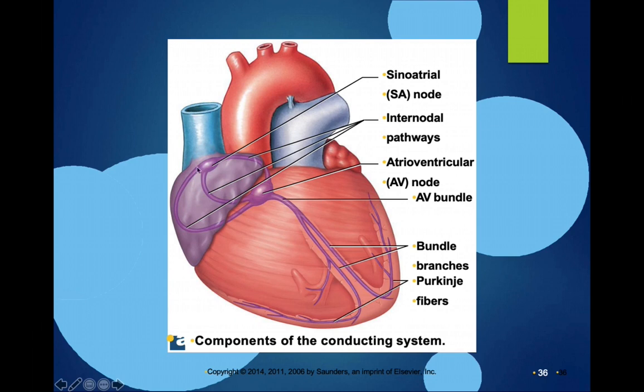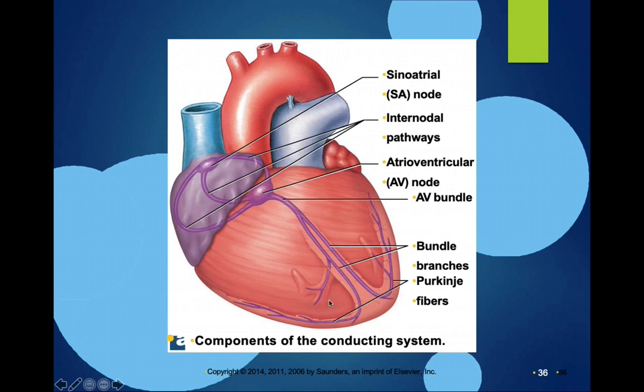The other part is this conduction system. What makes the heart contract is the SA node relaying that electrical current to the atrioventricular node. And then, remember, the atriums contract from superior to inferior. It pumps blood and uses gravity to pump it down into the ventricle.